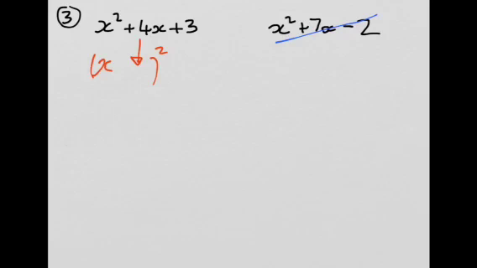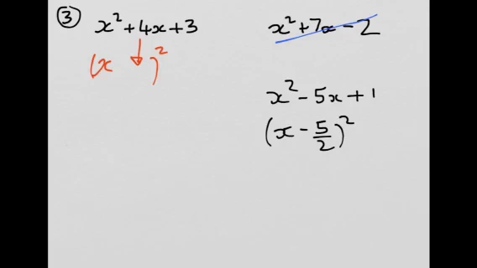So let me do x squared minus 5x plus 1. So in the brackets I'm going to have x, then I'm going to half the 5, so I'm going to write it as 5 over 2 squared. Now I've written it as a fraction because it's easy for me to square 5 over 2, because that's just 5 5s over 2 2s.